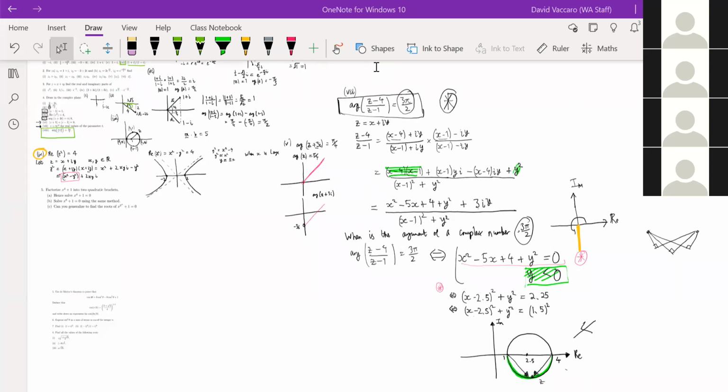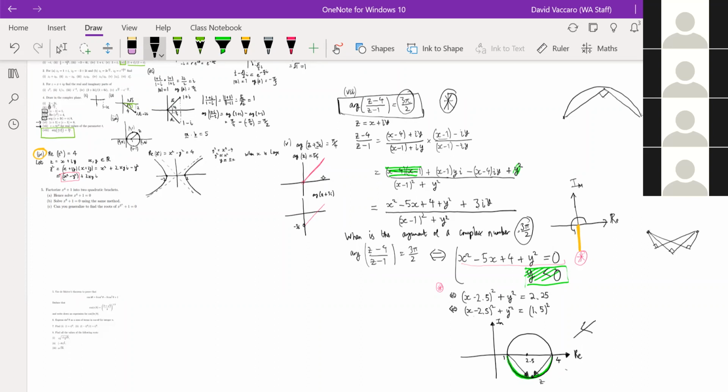There's a circle theorem that says that if you have a semicircle, the angle subtended by a semicircle is 90 degrees. But that's not the circle theorem that's used here.